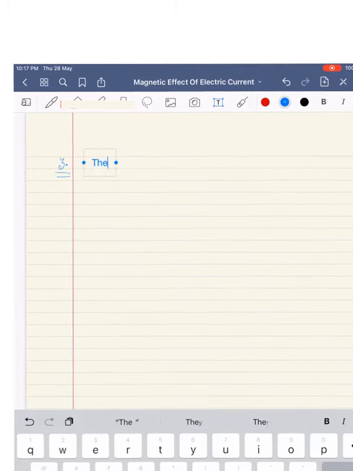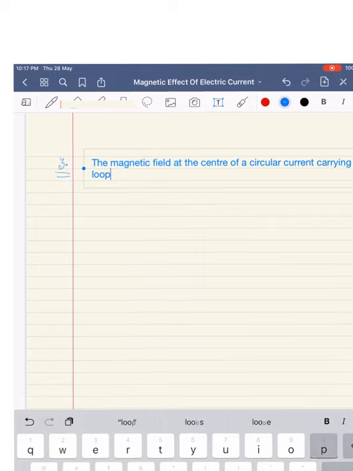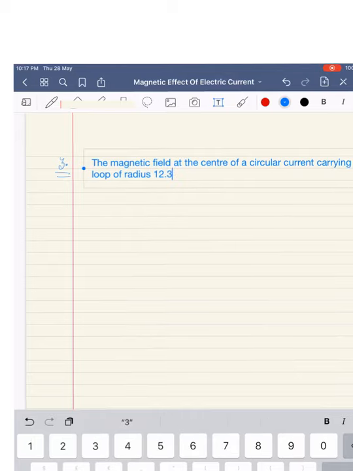So magnetic field at the center of the circular coil carrying current is mentioned to you, and it's a loop of radius 12.3 centimeter.